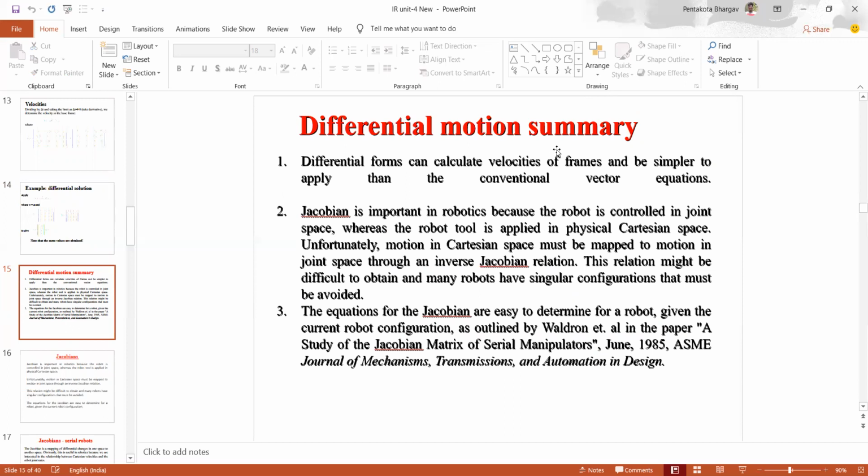The Jacobian method gives the relationship that is most difficult to obtain for robots. The Jacobian deals with how the rate is used in the particular dimension and how it moves from one phase to another phase.